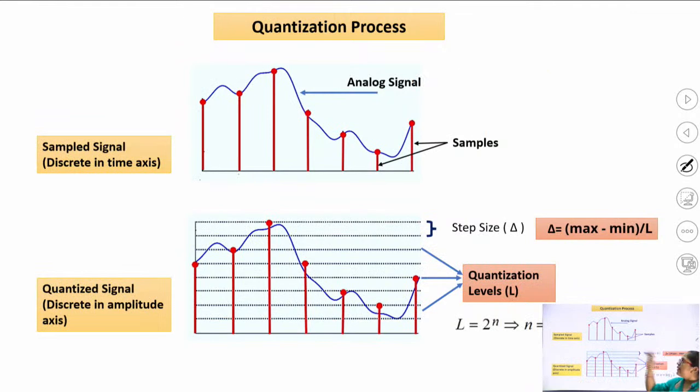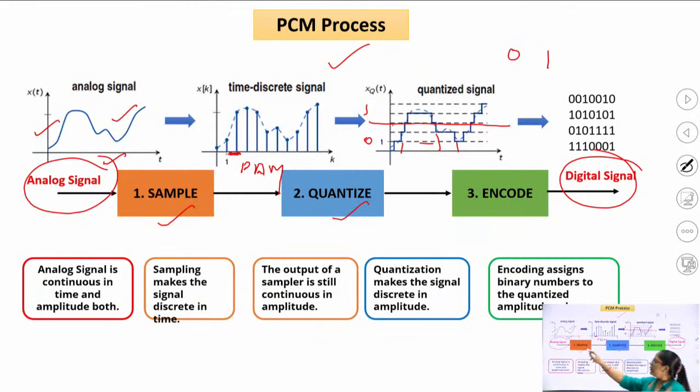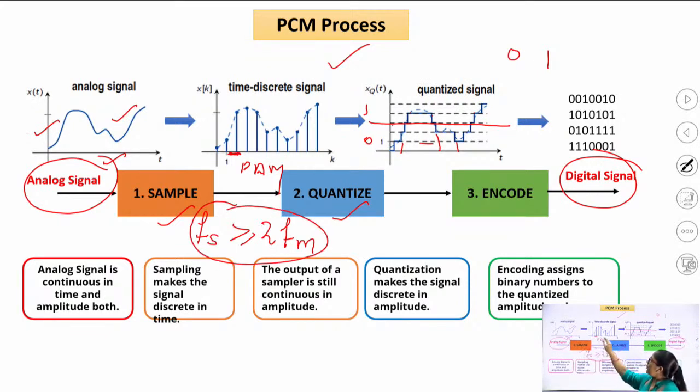Let us understand this quantization process in detail. What criteria do we prefer when performing sampling of our continuous time signal? That is the Nyquist criteria, according to which the sampling frequency must be greater than twice fm. What is fm? fm is the maximum frequency component present in our message signal. What is the meaning of this expression? It means the frequency at which these samples occur will be decided by a criteria called the Nyquist criteria.